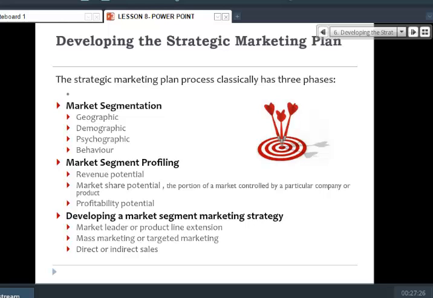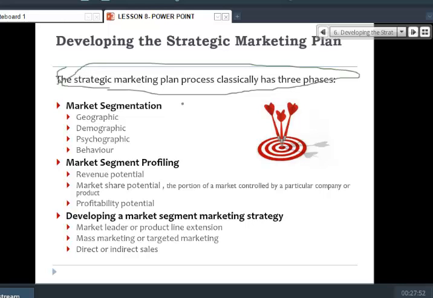Developing the strategic marketing plan. The strategic marketing plan process classically has three phases. This could also be an essay question. So what are the phases?